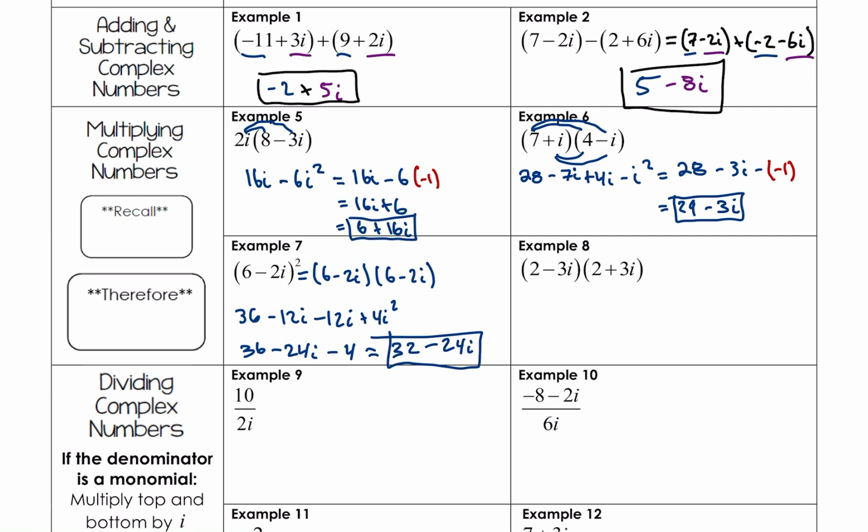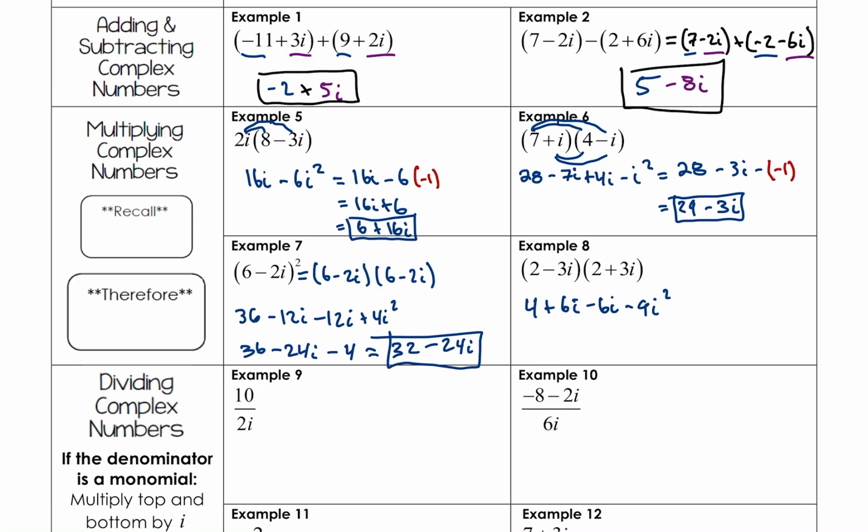In example 8, I'll distribute or FOIL just like I normally would. So 2 times 2 is 4. 2 times 3i is 6i. Negative 3i times 2 is negative 6i. And negative 3i times 3i is negative 9i squared.